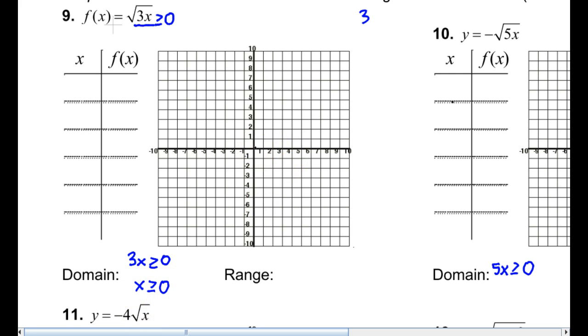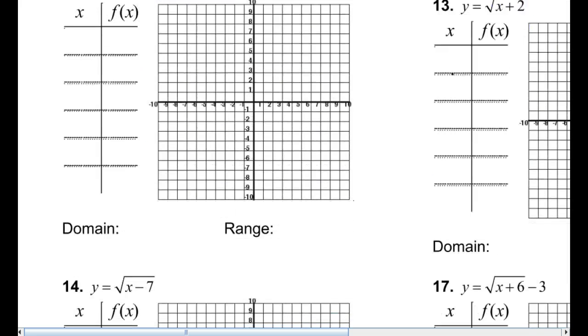So when you graph it, you should only have x values going this direction. You don't write this down yourself, but just imagine it. You know ahead of time what it looks like. Same thing over here. Solve it. So same domain.